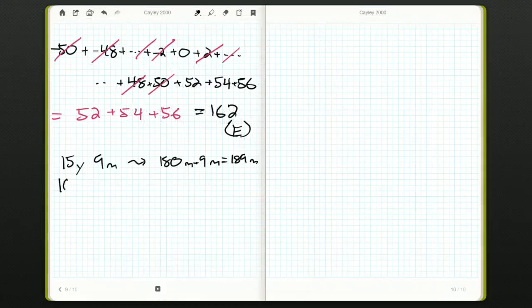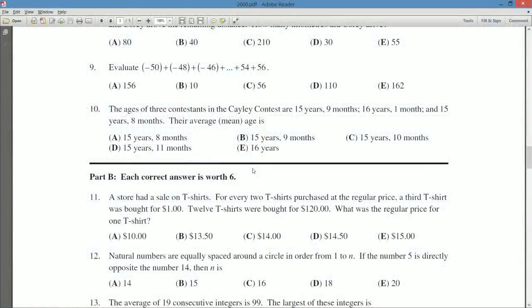Well, 16 times 12, that's 192 months. Plus 1 month. So that's 193 months. Okay. And what's the last one? It was 15 years and 8 months.